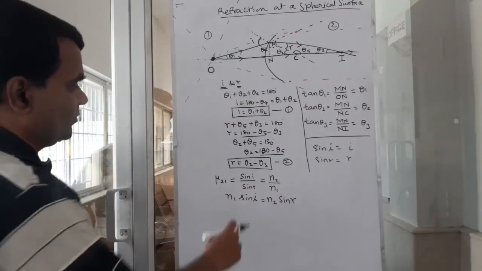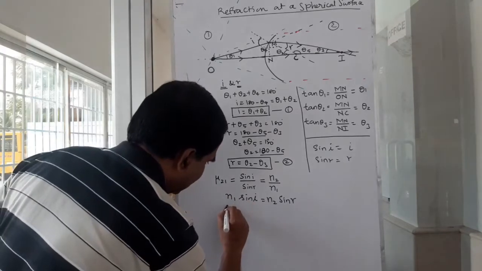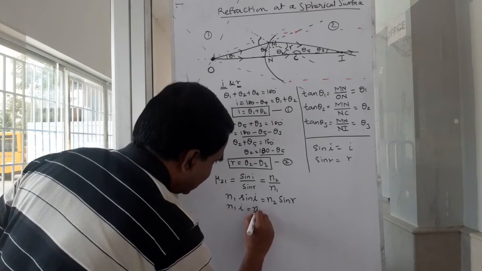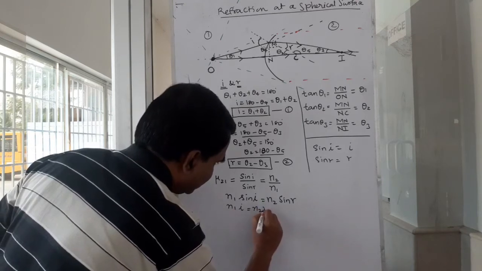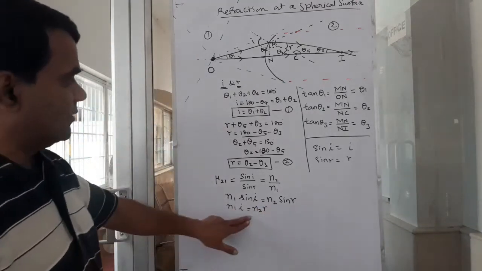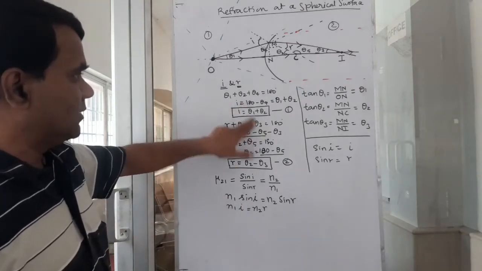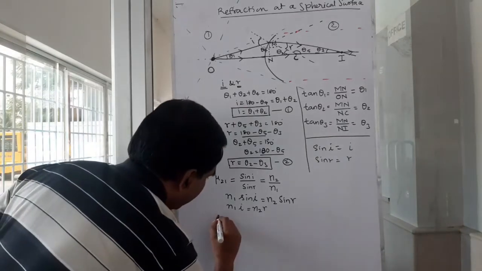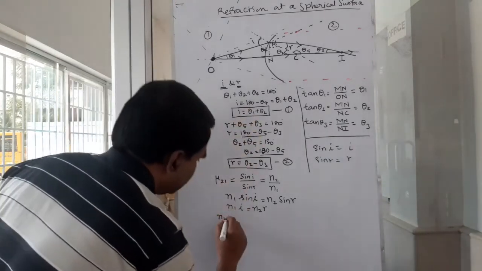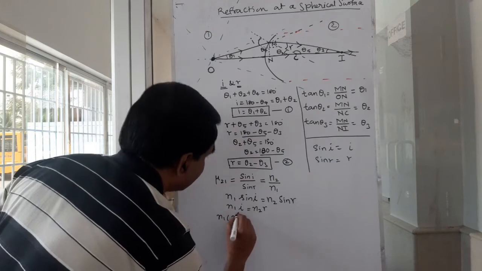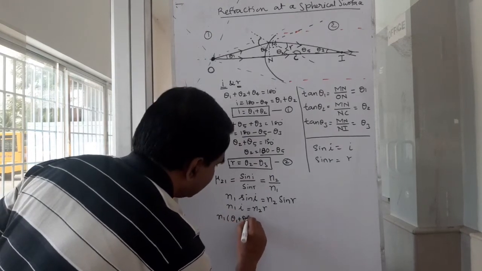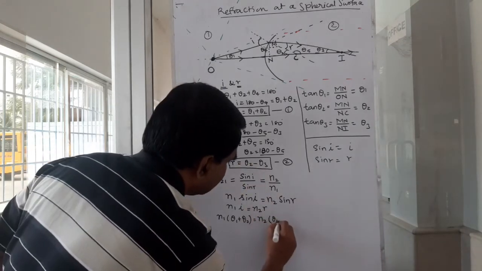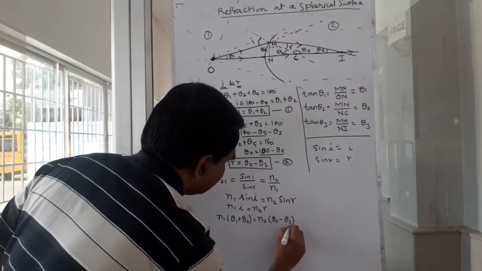So instead of sin I, I'm going to say n1 I equals n2 R. How can I substitute this? That's going to be equal to n1 into theta 1 plus theta 2 is equal to n2 into theta 2 minus theta 3. Okay?